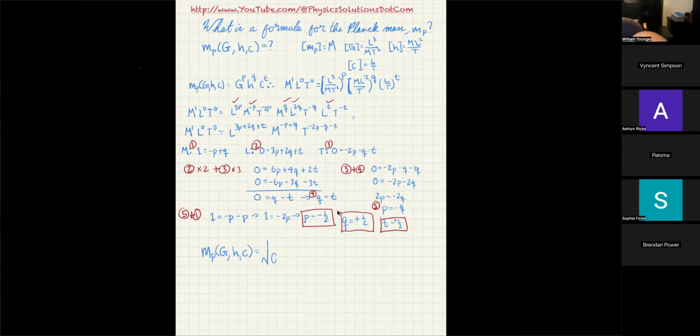So the G is going to be in the denominator. The q, which is the exponent on Planck's constant, h, that's positive one half. So it's going to go in the numerator under the square root. And then the t is also positive one half, and the t is the exponent on c. So we're going to get hc over G is the Planck mass.